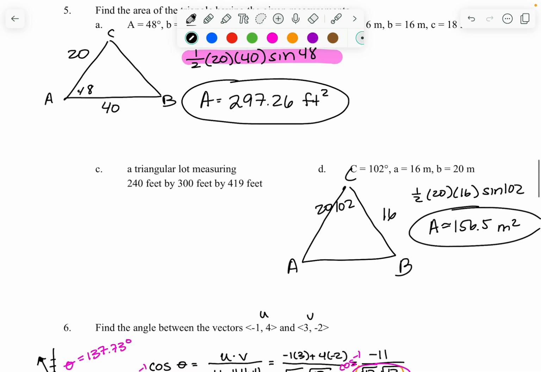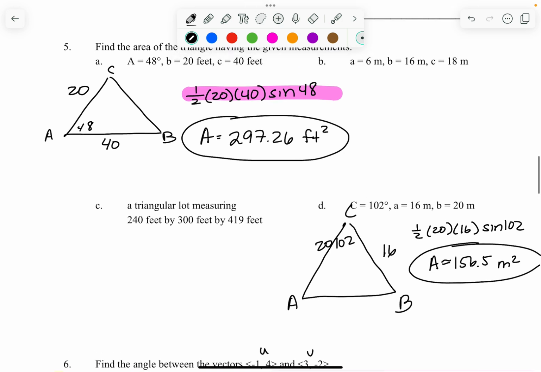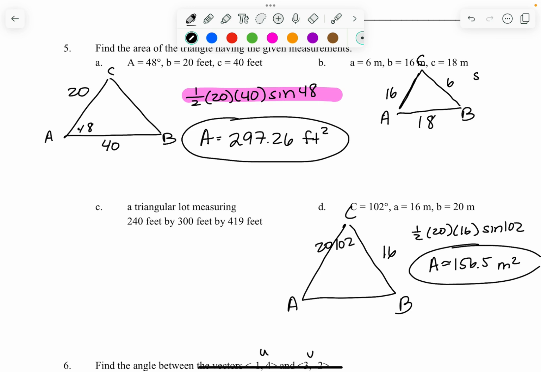All right, sometimes you don't have an angle. Sometimes all you have is all 3 sides. When all you have is all 3 sides, we use a bit different formula. We got 6, 16, and 18. So we have no angles, so we can't use what we've been using. This is one where you have to find the value of S. S is the sum of all the sides divided by 2.